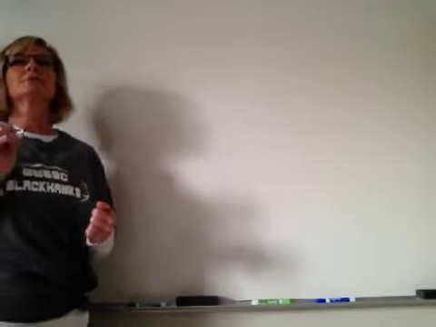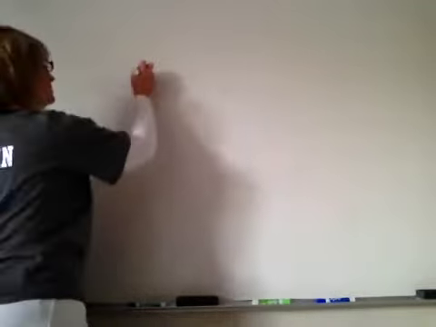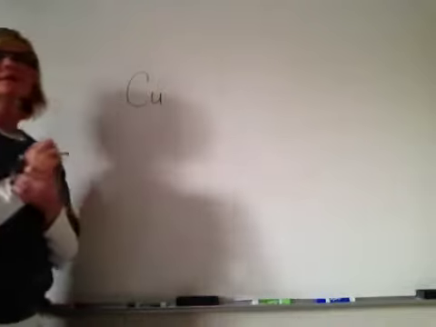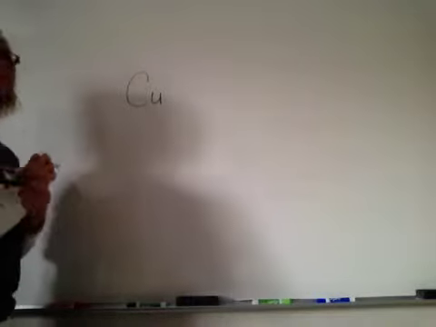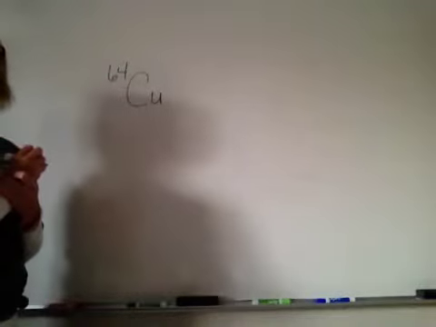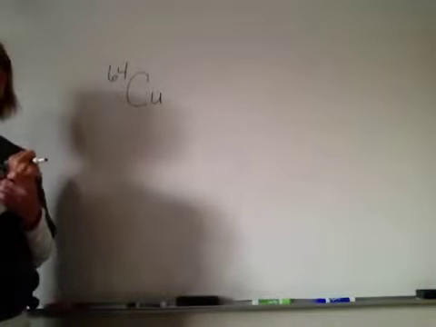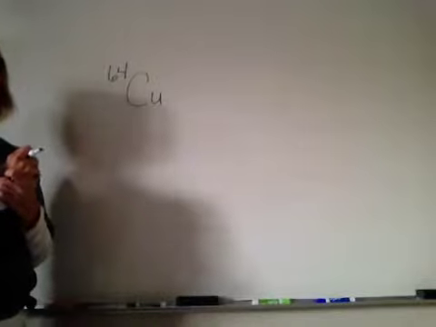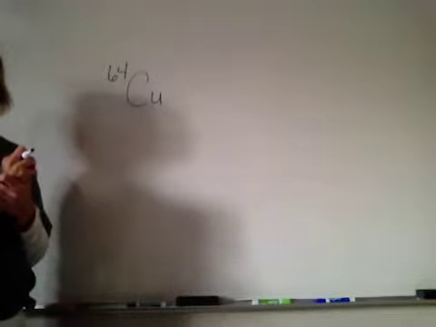Find copper on your periodic table. What is its symbol? Cu. What is its atomic mass? 64. And the atomic mass will always go on the top. What is the atomic number? 29.